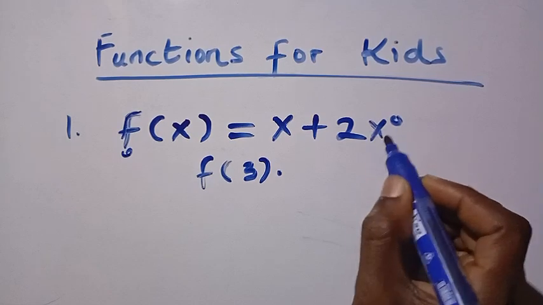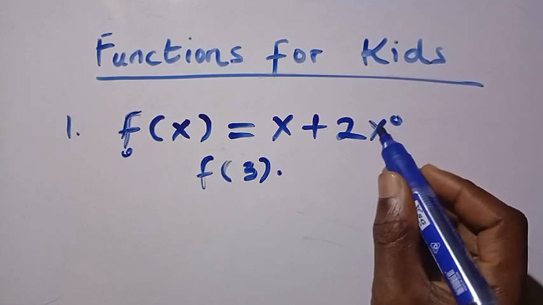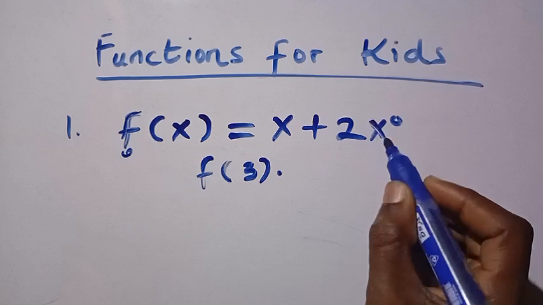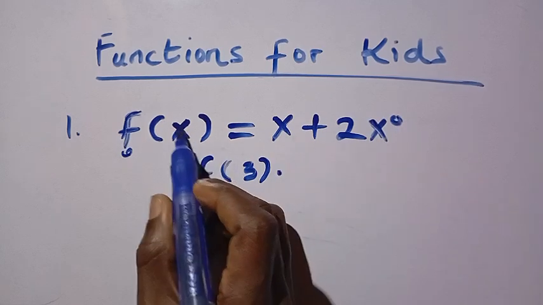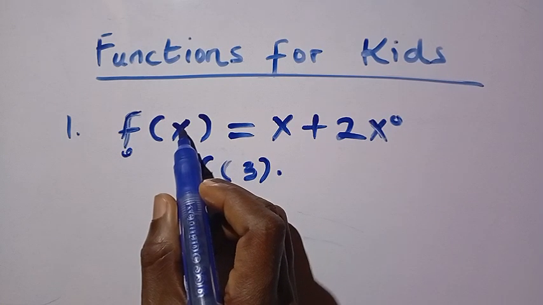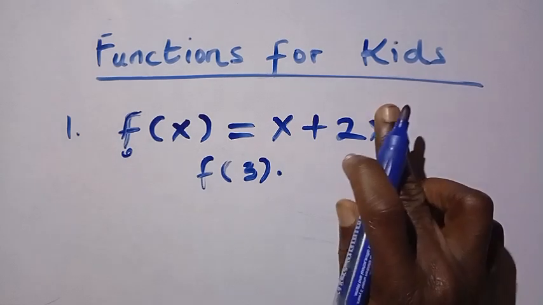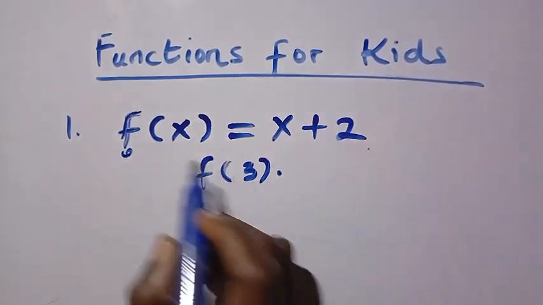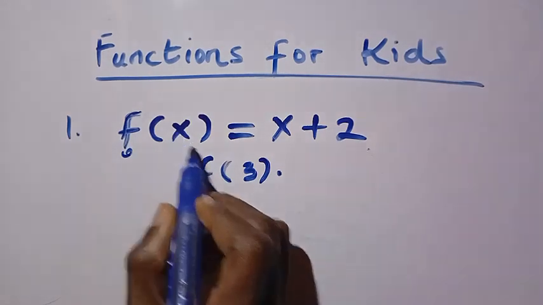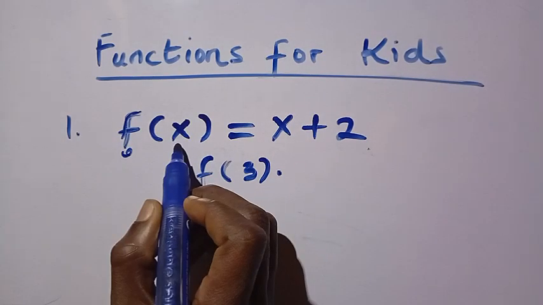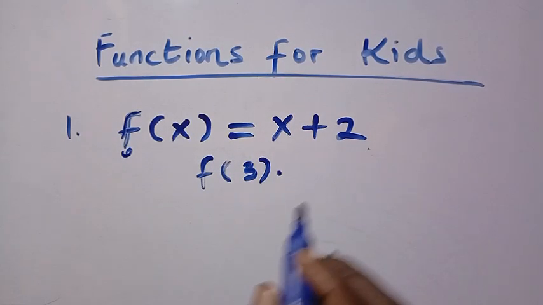If x is raised to the power of 0, that is 1, so we don't need this. Here we have only x, not x raised to the power of 0, so this is still a constant. So we just replace every single x here with 3. We input and we get the output.